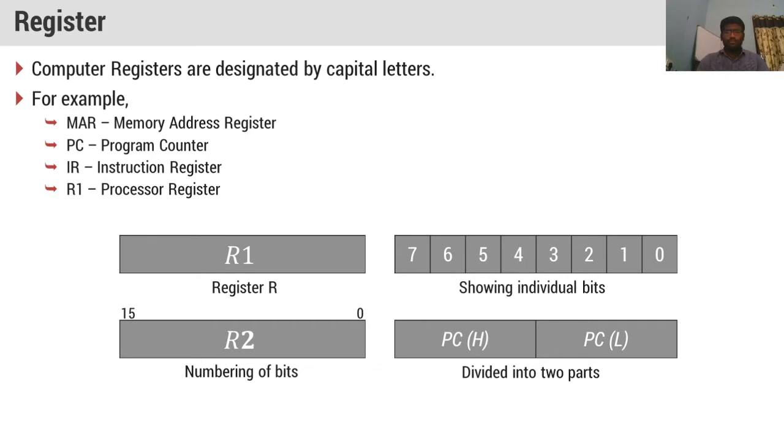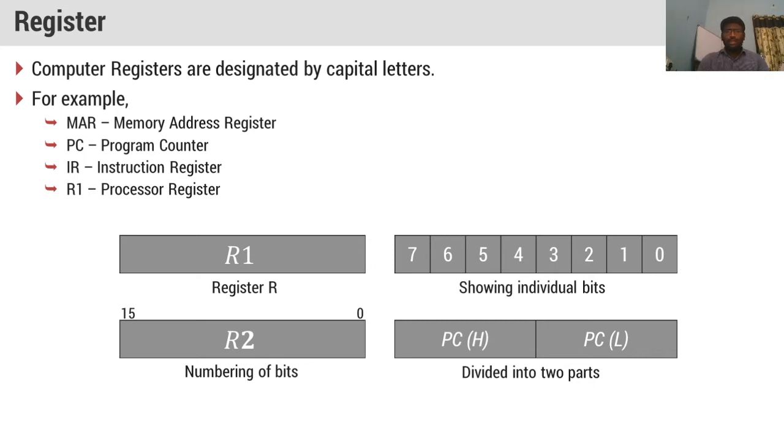0 to 15. So this register has been divided into two parts, so we can call one part PC(L) and the other part PC(H). I told you that this is the lower byte and the upper byte, otherwise higher byte.